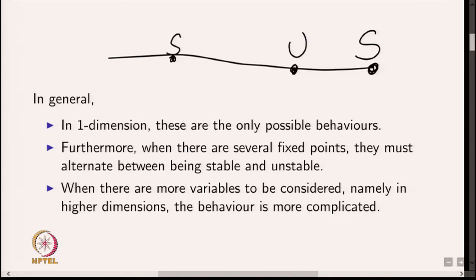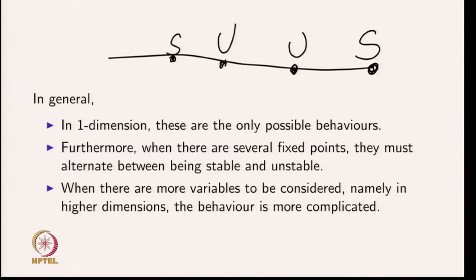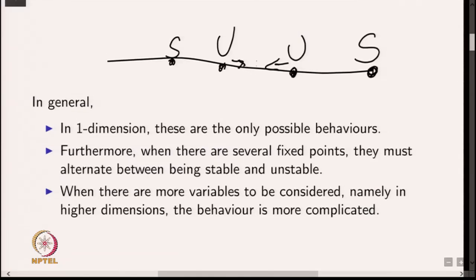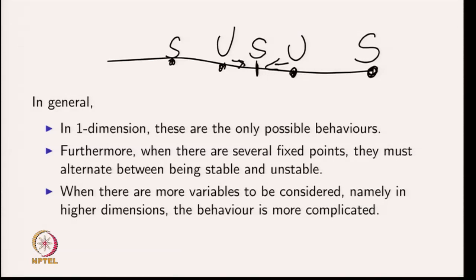You cannot have a situation where you have two unstable points, one next to another, because as we saw in the previous lecture, the vector field points away from the unstable point, it points away from this unstable point. So, somewhere in between there must be a point which is stable, because the flow is coming in on both sides. So, we must always have alternation between stable and unstable fixed points.